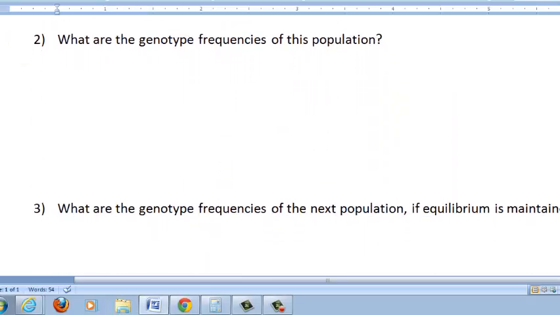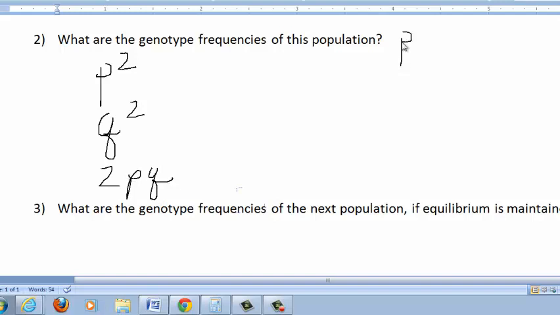Okay, the next part says we want the genotype frequencies. So the genotype frequencies are going to be the variables in your Hardy-Weinberg equation: P squared, Q squared, and 2PQ. Let's just keep this up here as a note: P equaled 0.7 and Q equaled 0.3.